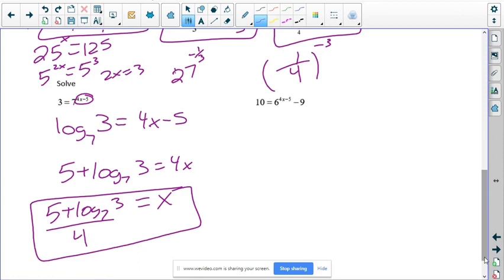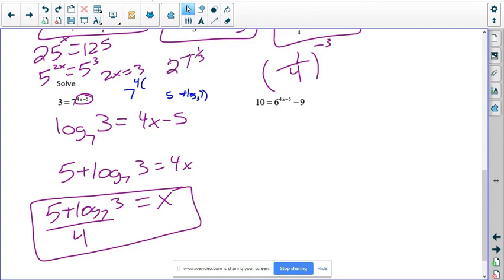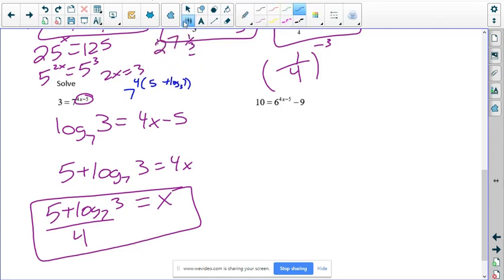And if you look at what happens when you substitute back into this, you get 7 to the power of 4 times our answer here, 5 plus log base 7 of 3, with this whole thing divided by 4, minus 5.